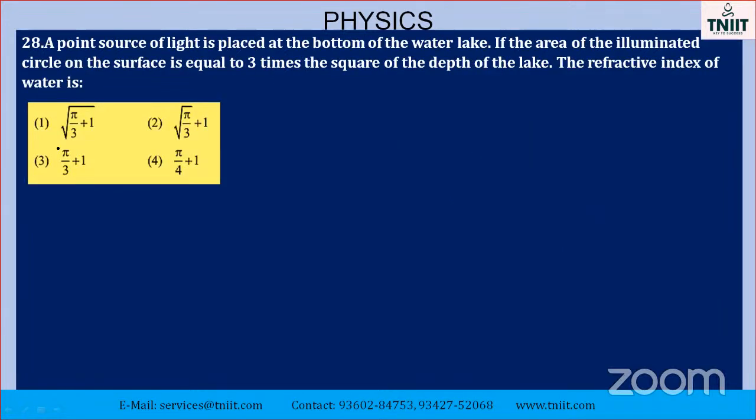Now the next problem of our physics. There is a point source at the bottom of a water lake. It will form a cone shape of outer circle radius r. The height is h. And you remember one shortcut formula I have given for this, with mu as the refractive index.